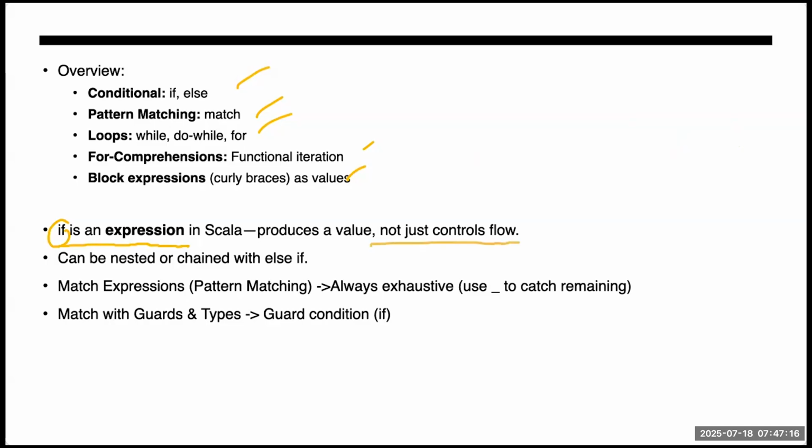So it is not just control flow, but produces a value. Let me give one example. Val temp equal to 15. Temp means temperature. And I want to print something on the basis of this.